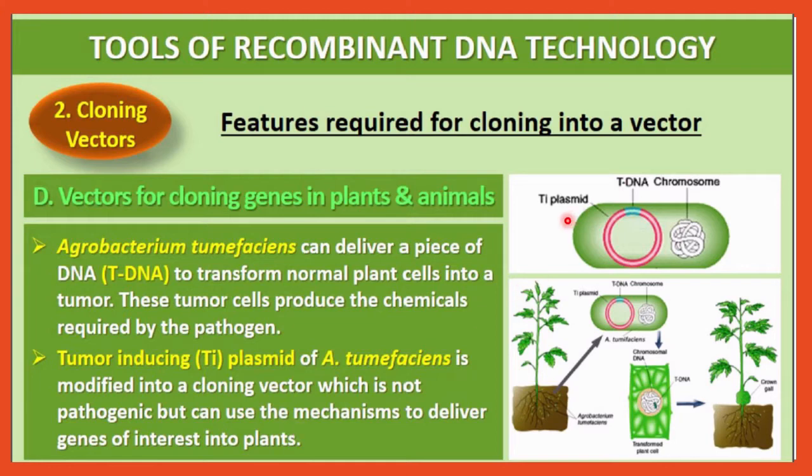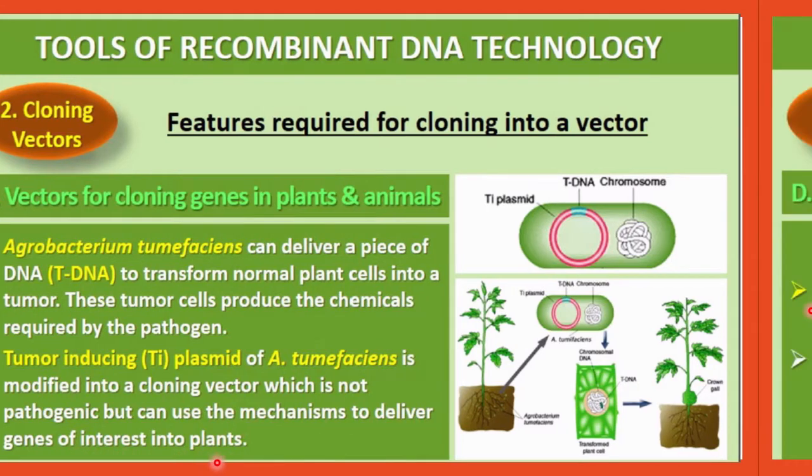Here you can see we have inserted a tDNA into the Ti plasmid. This is the Ti plasmid, the tumor-inducing plasmid, to which we have attached the tDNA. Now this Ti plasmid is not responsible for causing any disease, and by using this mechanism we can deliver genes of interest.